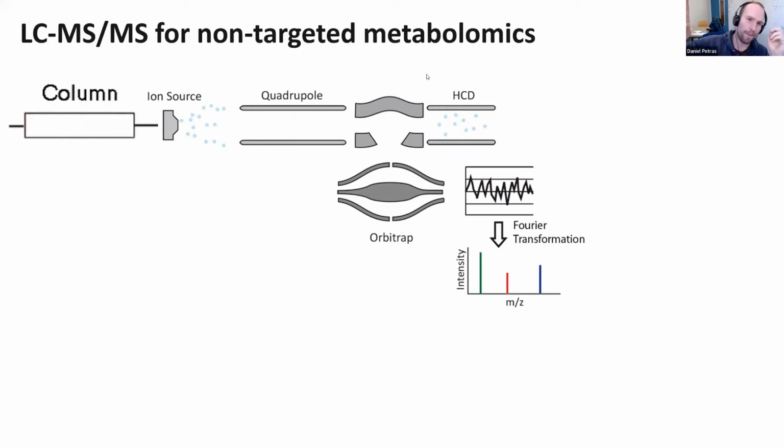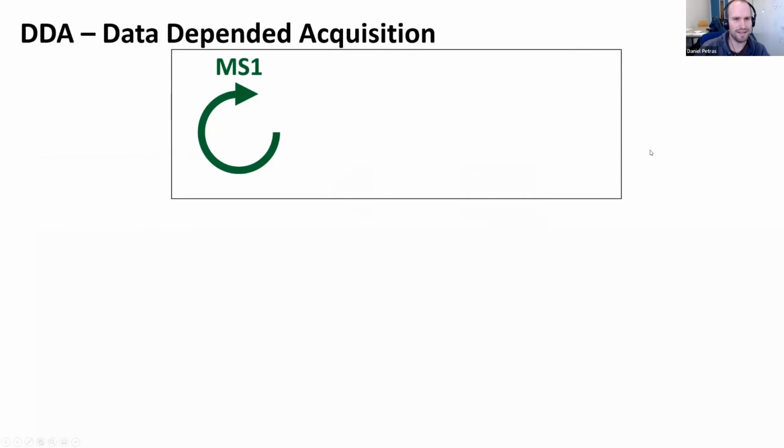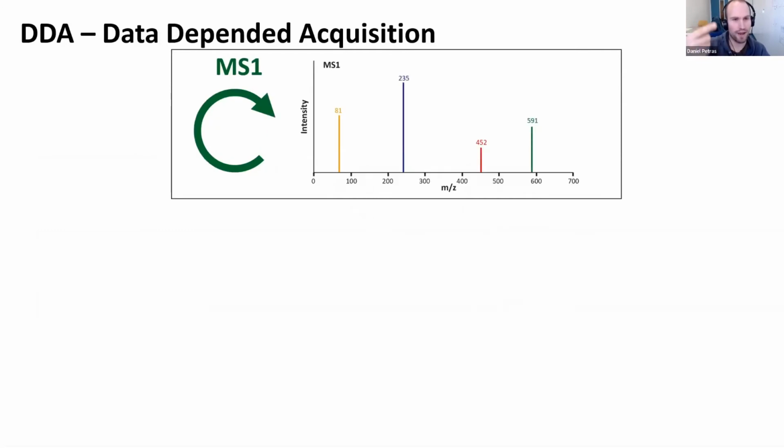Then in the consecutive MS2 scans, it picks the top masses that are present in the previous survey scan, and submits them for MS/MS. And it basically runs through a kind of circle, right?